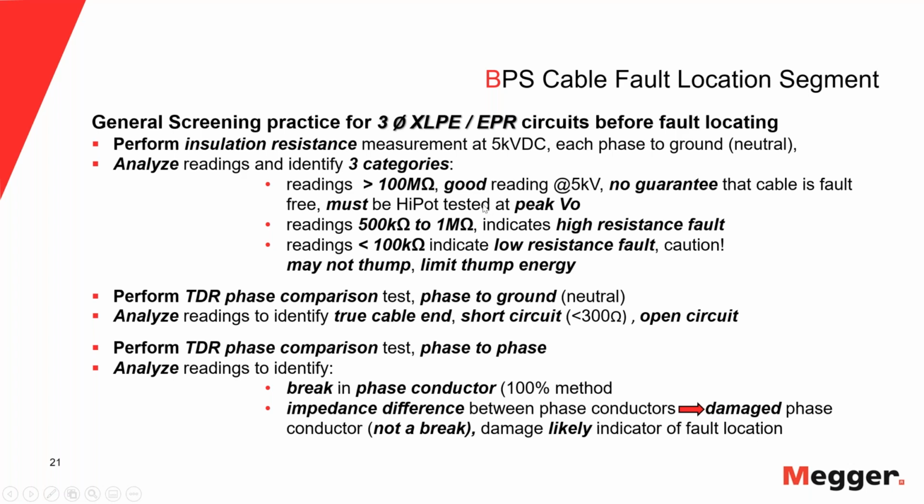And even then, if that turns out to be good, it's not the ultimate answer whether the cable is good or not, because if I had an open conductor, I could have a much bigger gap, which would require an even higher voltage than the phase to ground. The phase to ground peak voltage is only good for basic pinhole faults.